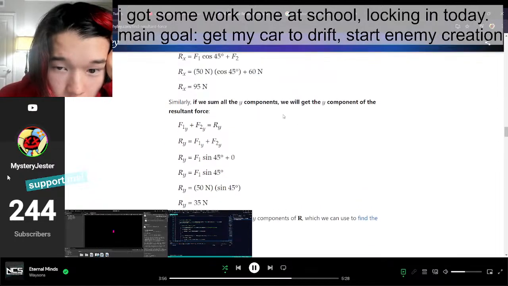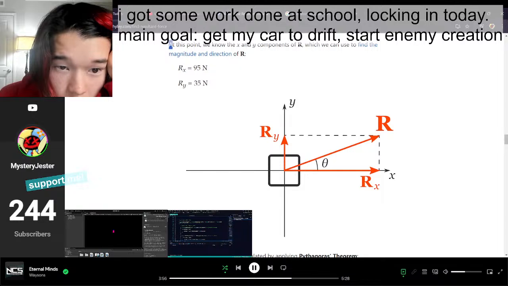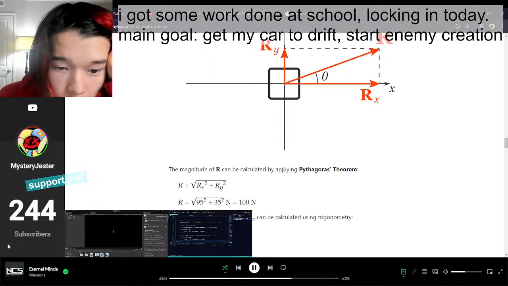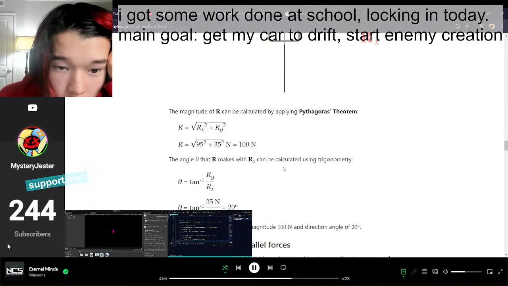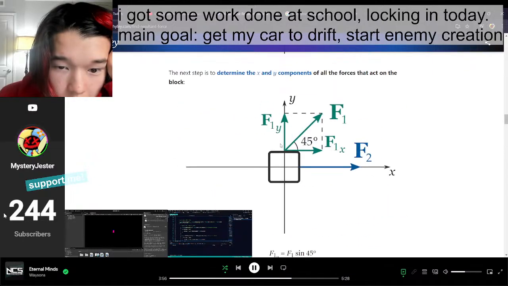If we sum all the y components, we'll get the y component of the resultant force. Okay, same concept. So use those to find that. Really? It's just a Pythagorean theorem?